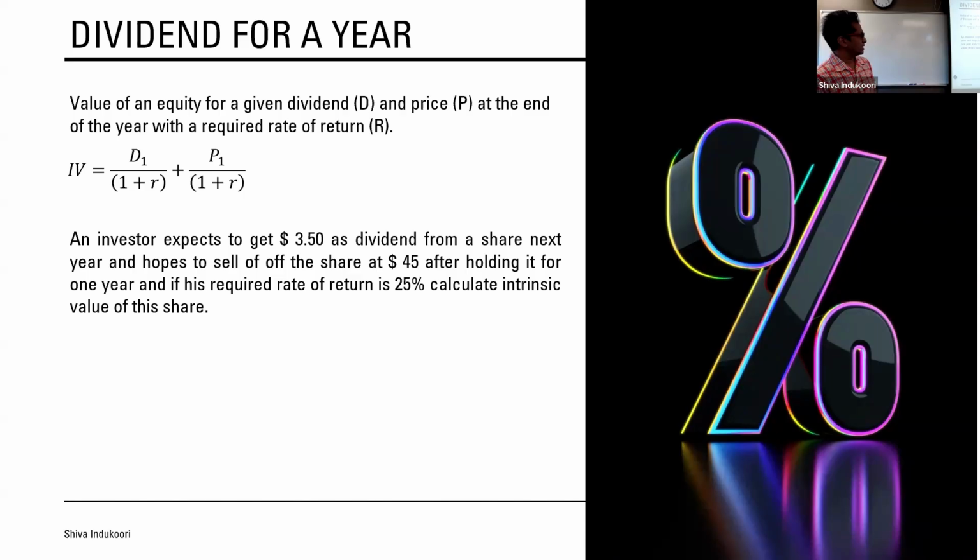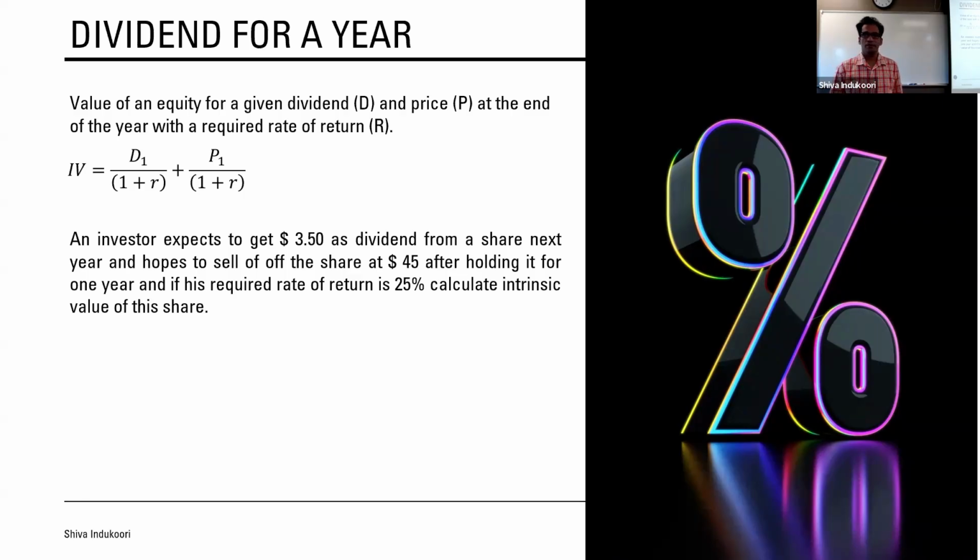So I think you can quickly answer this actually. Can you give an answer for this? Dividend after a year is 3.50, price after a year is 45, and your required rate of return is 25%. What's the present value of this stock? Can you all do it quickly?